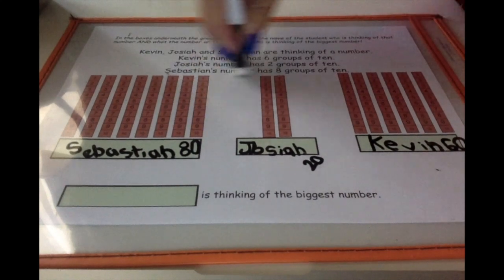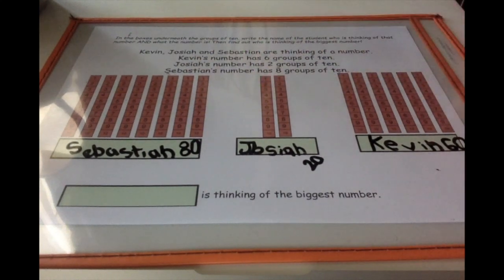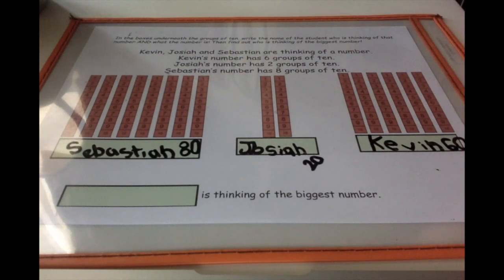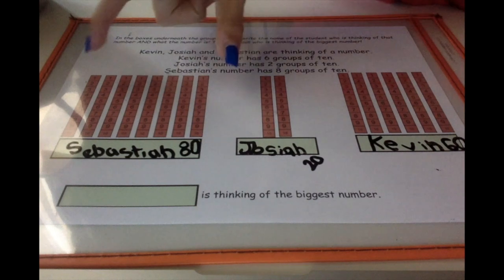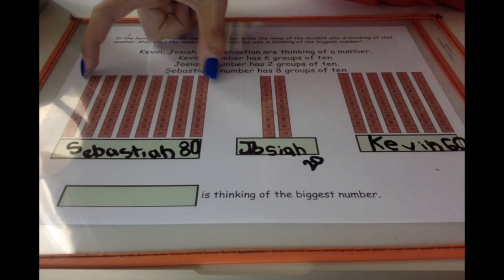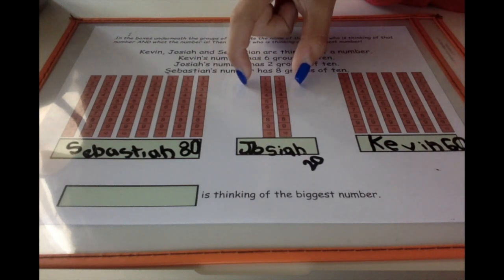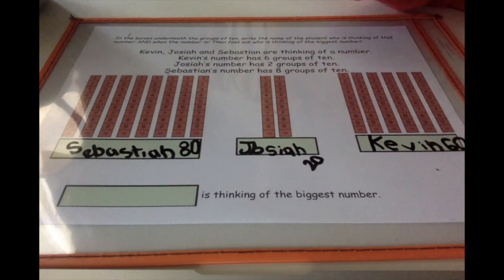So now our final step. Who is thinking of the biggest number? So which student is thinking of a number with the most groups of 10? So Sebastian is thinking of 8 groups of 10. Josiah is thinking of 2 groups of 10. Kevin's thinking of 6 groups of 10.